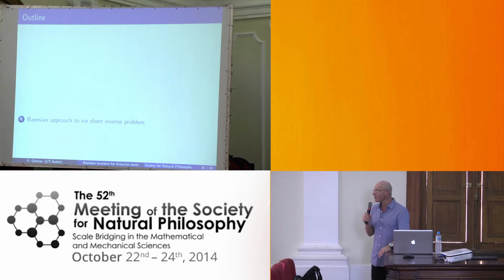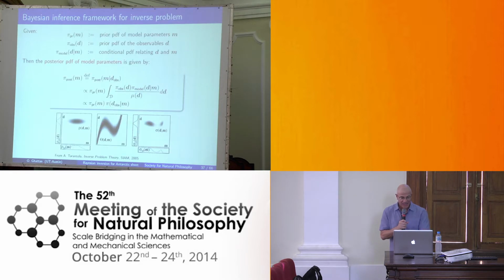We get these solutions, but then we ask ourselves, what do these mean? What kind of confidence do we have in these solutions? And that leads us to the Bayesian approach. So I'm going to give a little bit of a high-level overview of the Bayesian approach to the inverse problem, with apologies to those who have a background in this area. The Bayesian approach has three components.